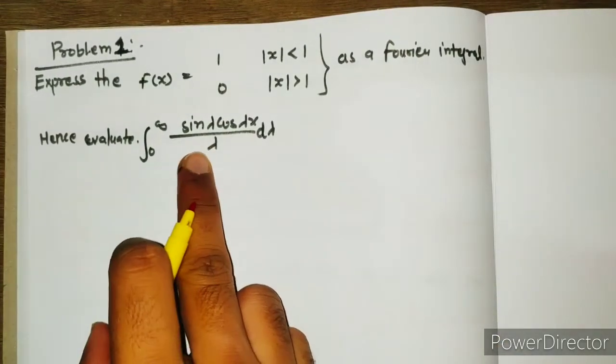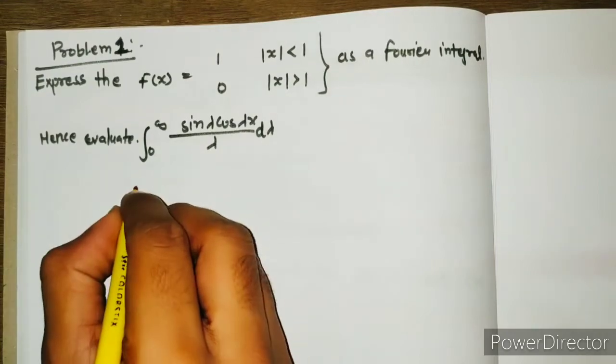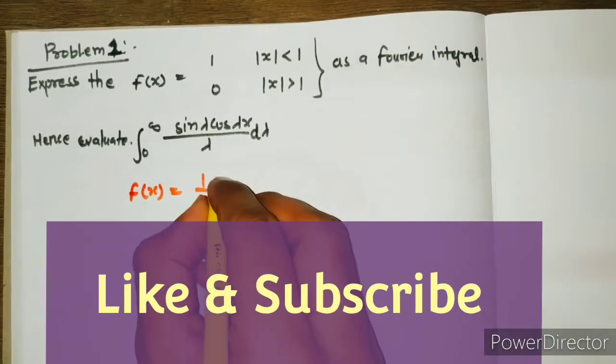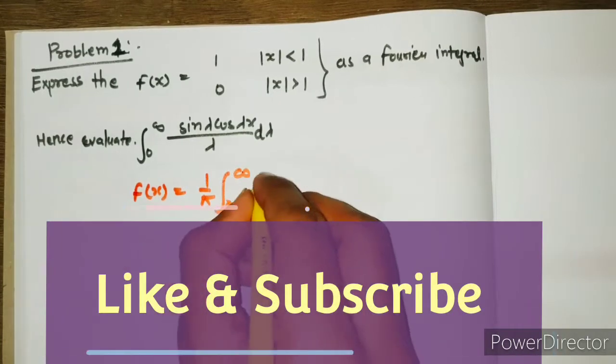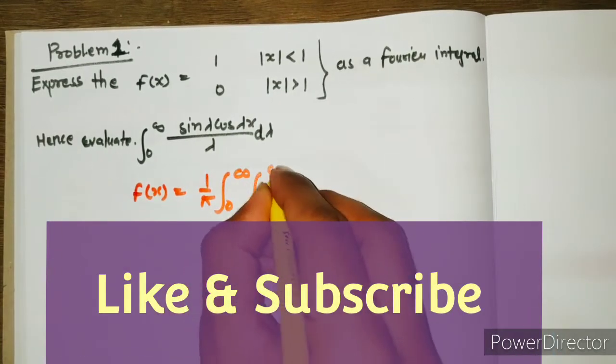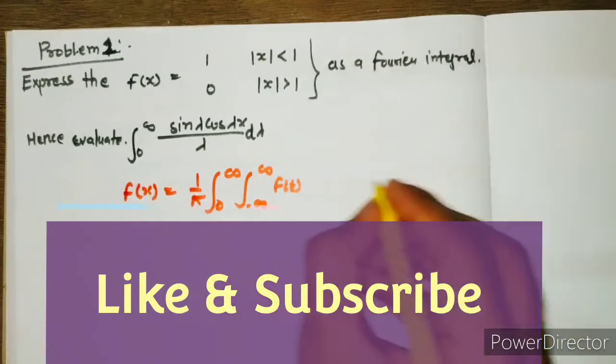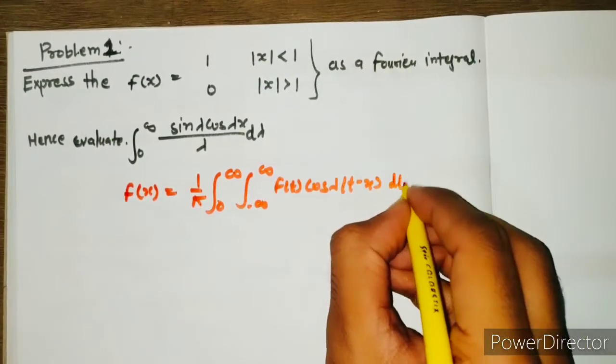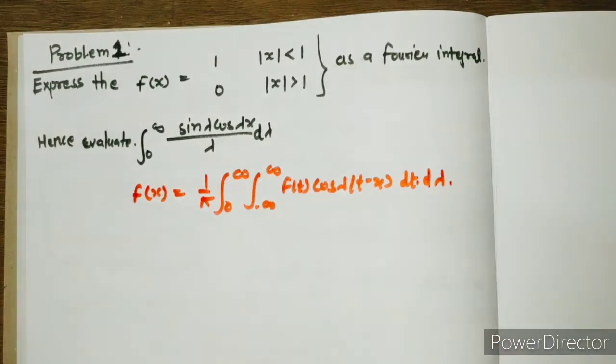By the solution of a Fourier integral, we know f(x) equals 1 upon pi, integral from 0 to infinity, integral from minus infinity to infinity of f(t) cos lambda (t minus x) dt d lambda.